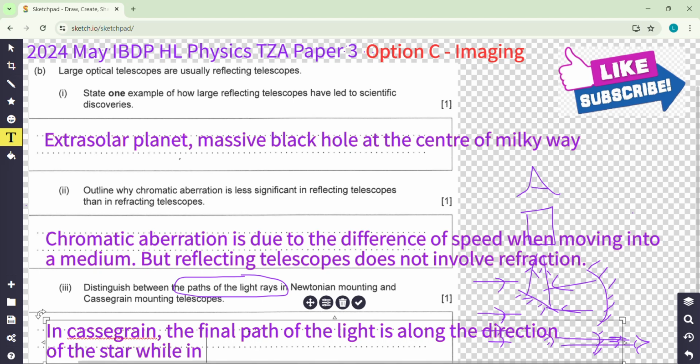While in Newtonian, you just distinguish them clearly. In Newtonian, it is perpendicular. So it is the strength for the Cassegrain mounting.